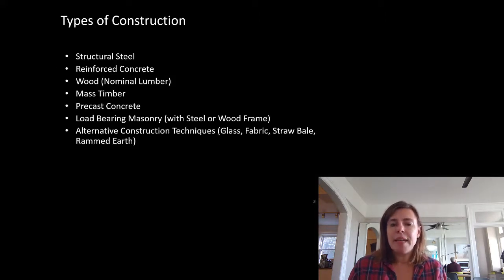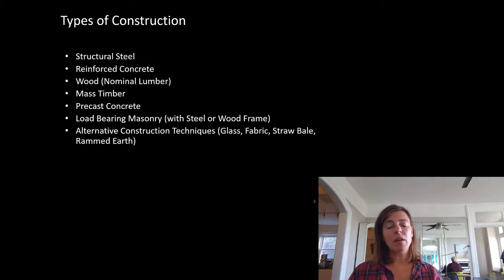So what are the main types of construction? If we want to talk about what we need to pick, we need to know what is normal. Probably the most normal ones we see, there are probably 4 main ones. Where you live, that might change which ones are more popular.